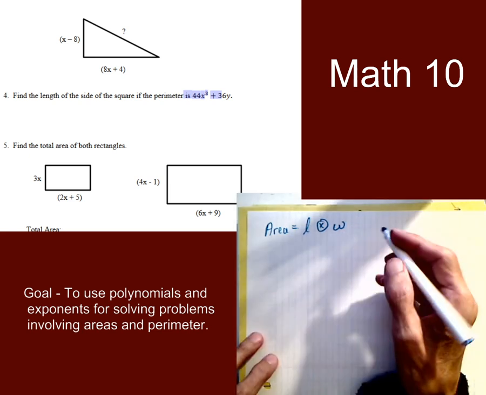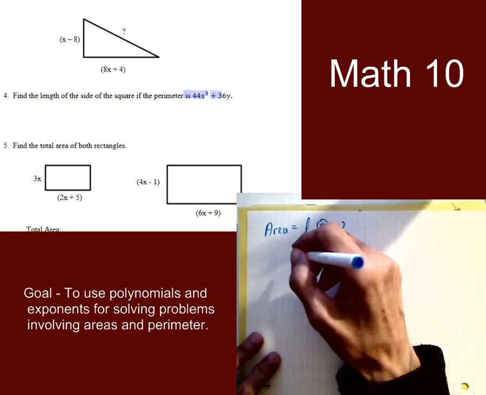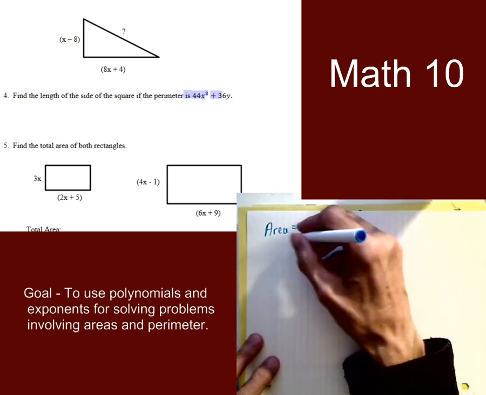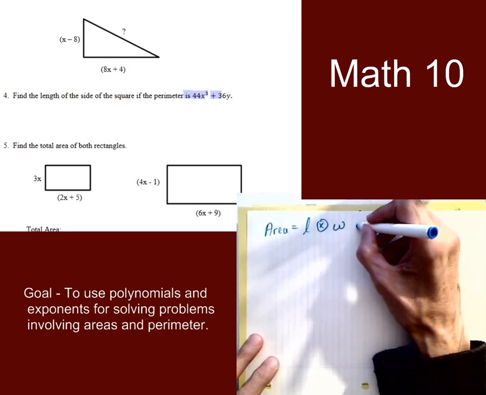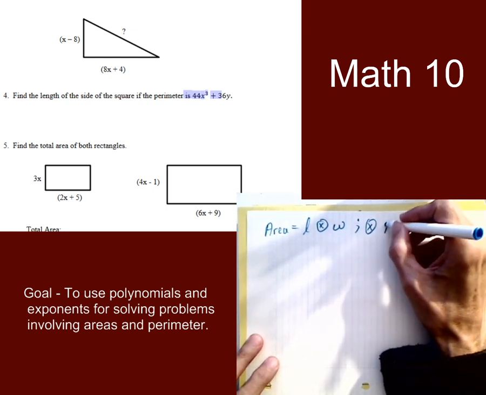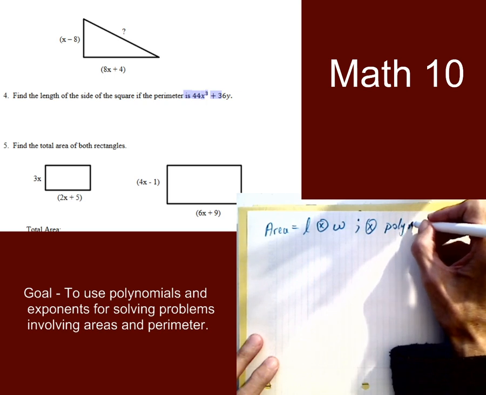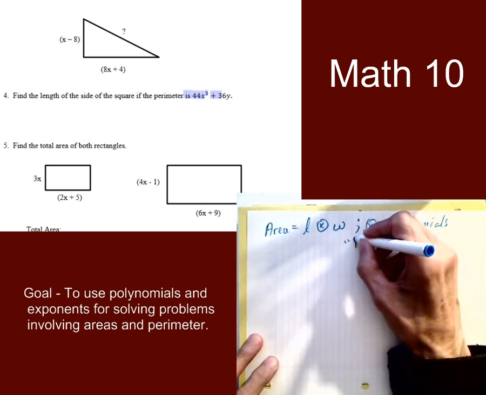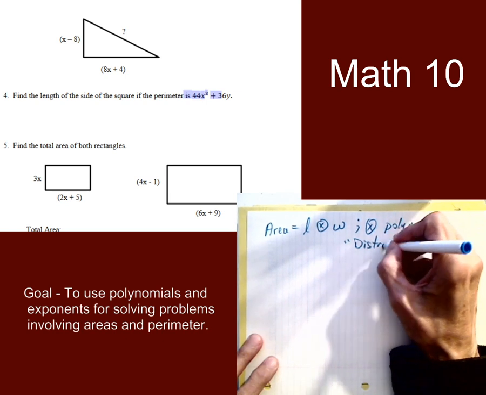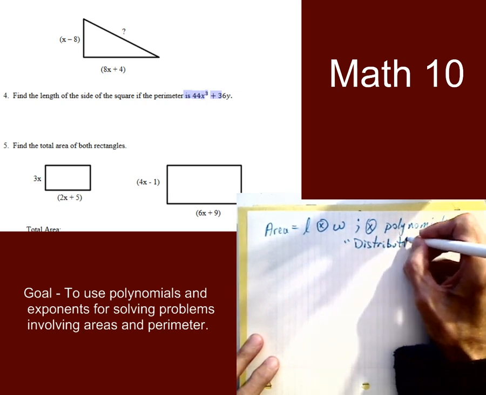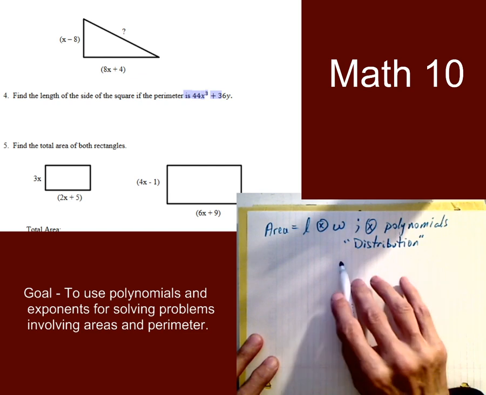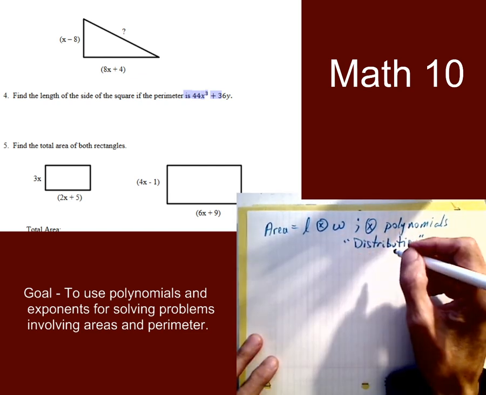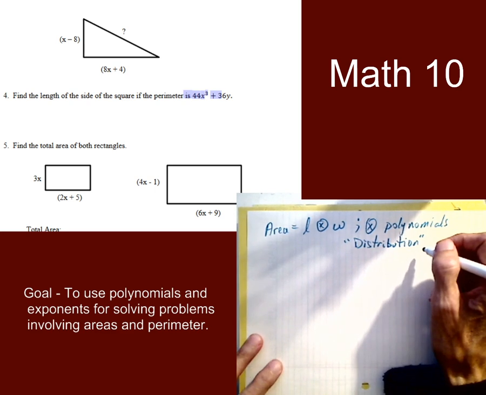So with the expressions we have, we're going to be multiplying polynomials together. We had a special word for that, and that was called distribution. So we're going to use that process in order to do the calculations for the area that's needed.